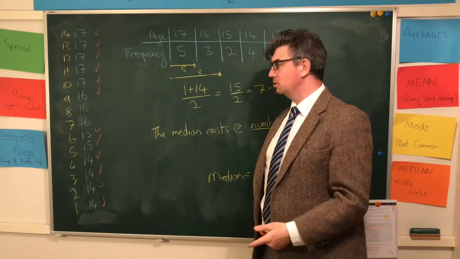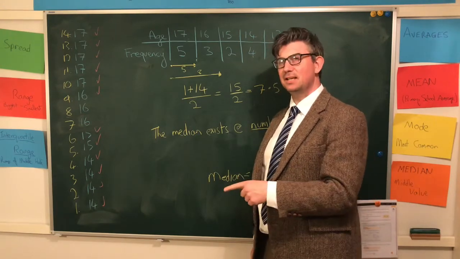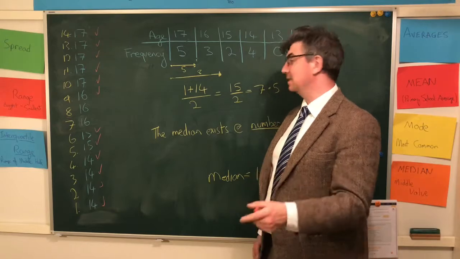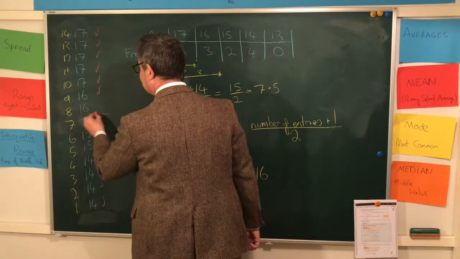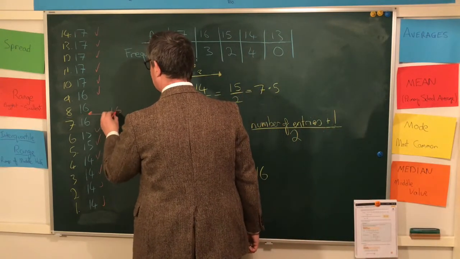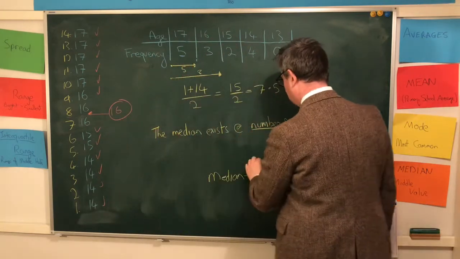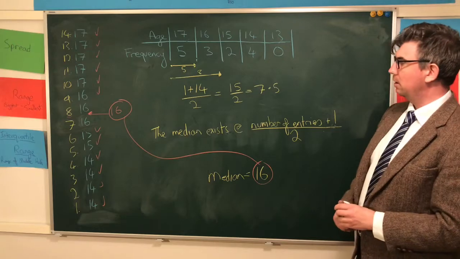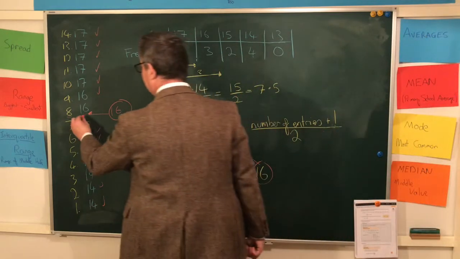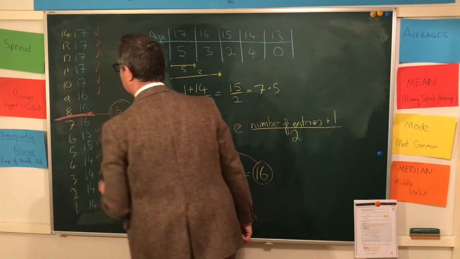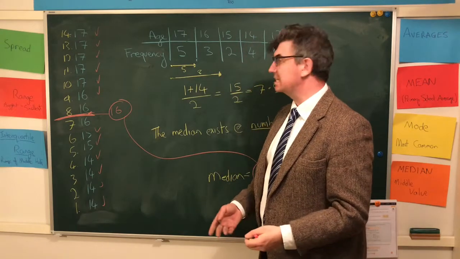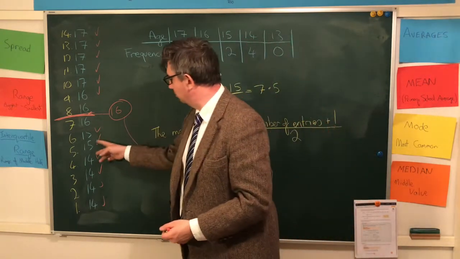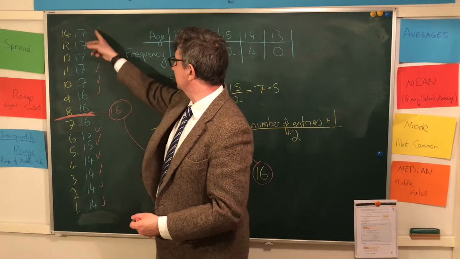Add them together and divide by 2. 16 plus 16 is 32, divided by 2 gives 16, because the number halfway between 16 and 16 is obviously 16. That looks a bit more like halfway, because we've split the data set into 2, 4, 6, 7 and 2, 4, 6, 7. Good.